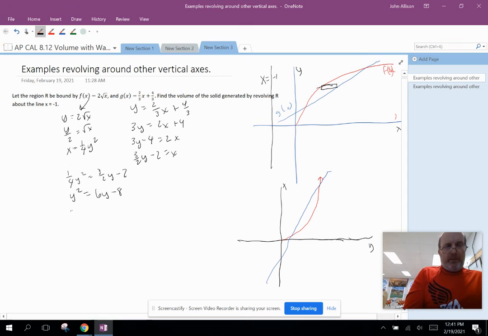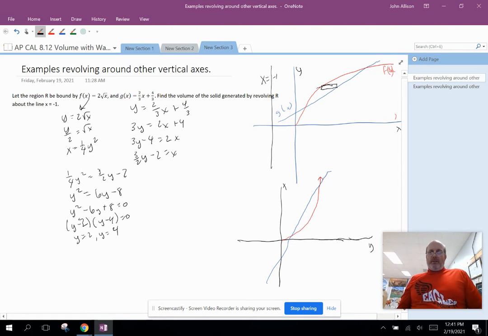So if I get everything on one side so I can solve, I get y squared minus 6y plus 8 equals 0. That means y minus 2 times y minus 4 equals 0. So y equals 2 and y equals 4. So those are the values of y we're looking for to integrate from, y equals 2 to y equals 4.